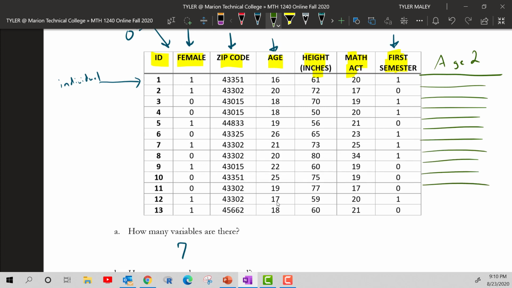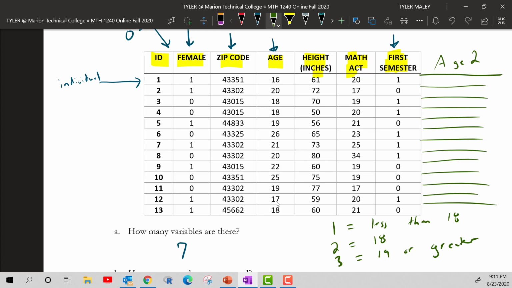But maybe I categorize these where, I don't know, maybe 1 equals that you're less than 18, and 2 means that you're 18, and 3 means that you're 19 or greater.